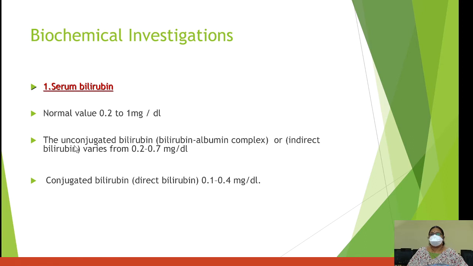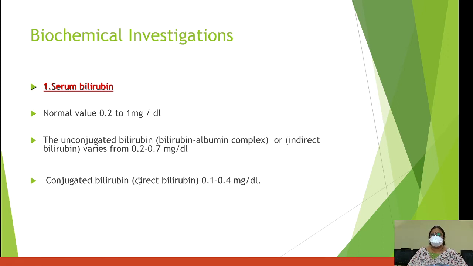Of this, the unconjugated bilirubin is the bilirubin which is bound to albumin. Unconjugated bilirubin is also known as indirect bilirubin. The normal value is 0.2 to 0.7 milligram per deciliter.